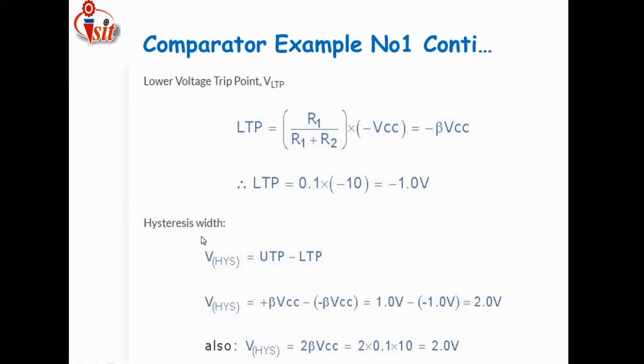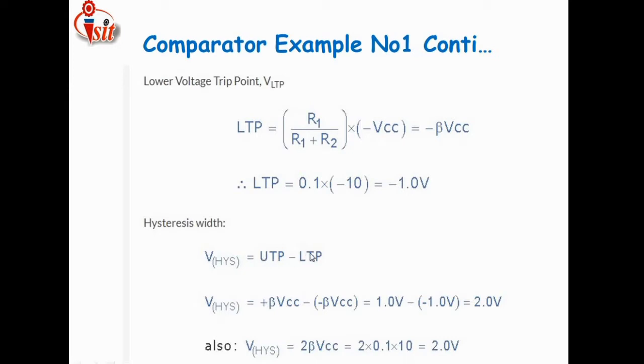Then the hysteresis formula, we know very well. Hysteresis is nothing but the upper trip point minus the lower trip point. That is nothing but the width of hysteresis. Our last target is to calculate the hysteresis width, that is, the hysteresis width is equal to the upper trip point minus the lower trip point. By calculation, what value comes here? The upper trip point is plus 1, the minus sign taken as it is.